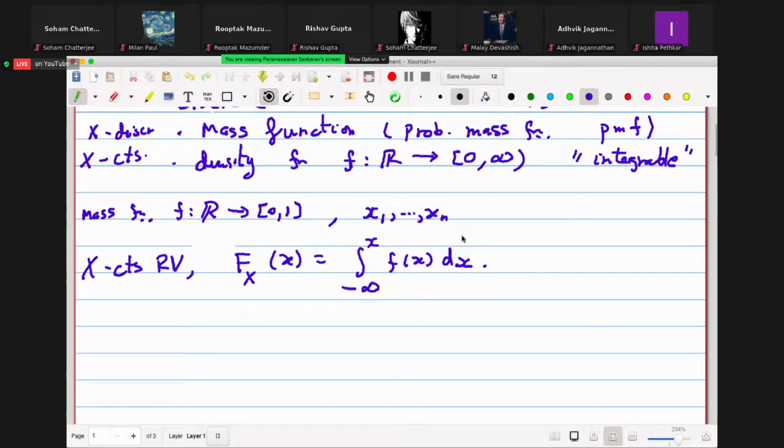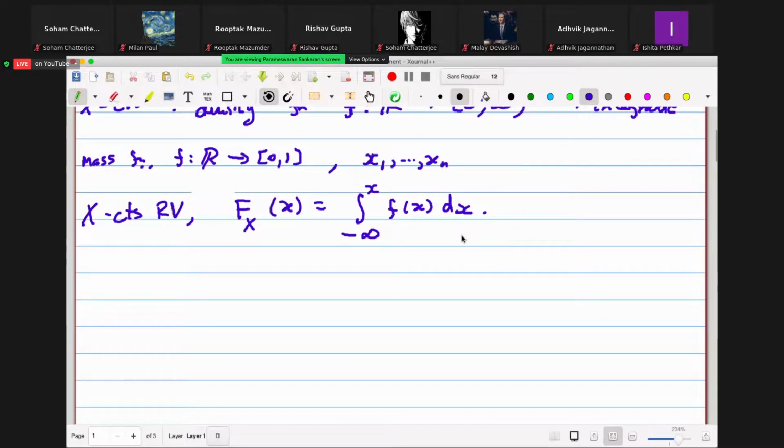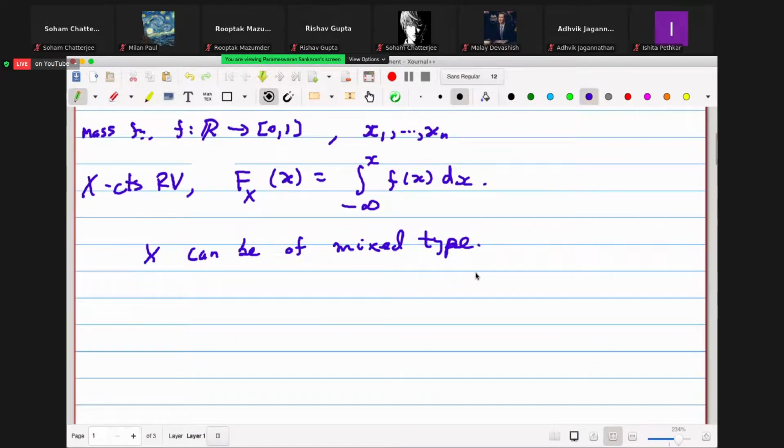And you can have a mixture of these. I was trying to draw some diagrams, but we will see many examples today. Having pointed out the qualitative difference between the two, you can of course have a mixture. X can be of mixed type. That's another possibility.